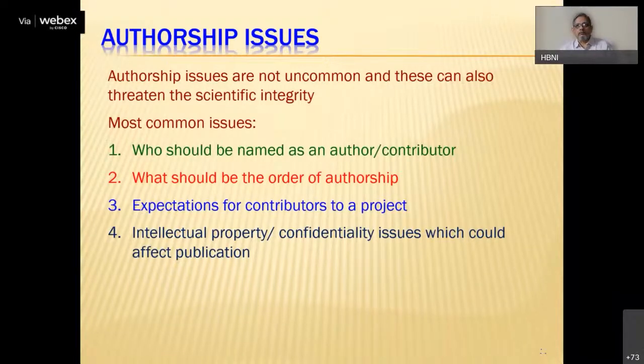These issues are not uncommon, and this can also threaten scientific integrity in certain situations. But the most common issues faced when it comes to authorship are who should be named as an author or a contributor, and then what should be the order of the authorship.